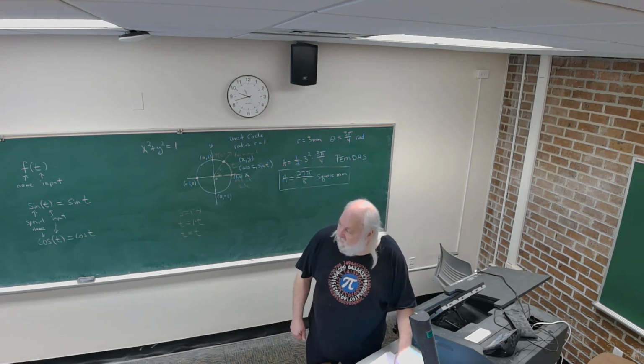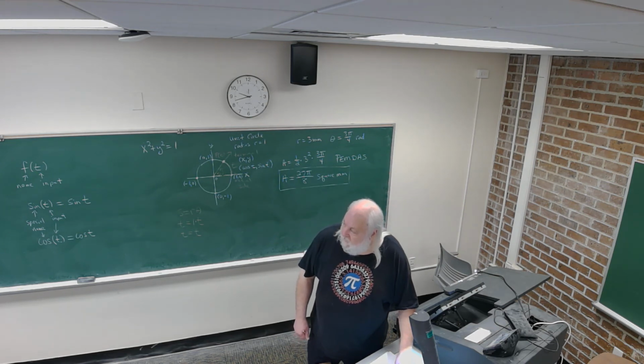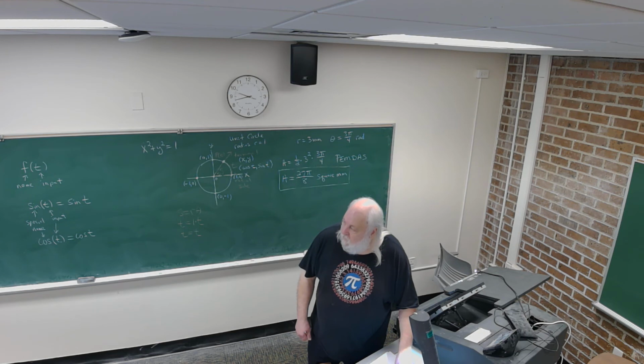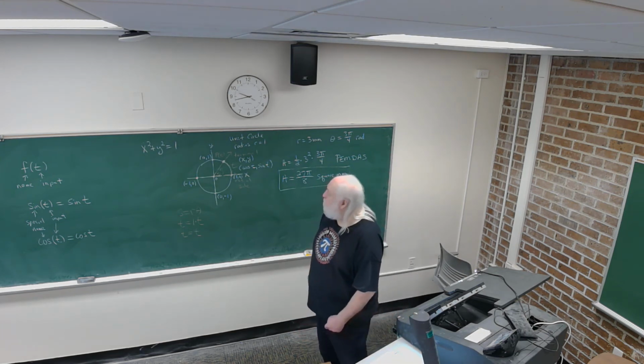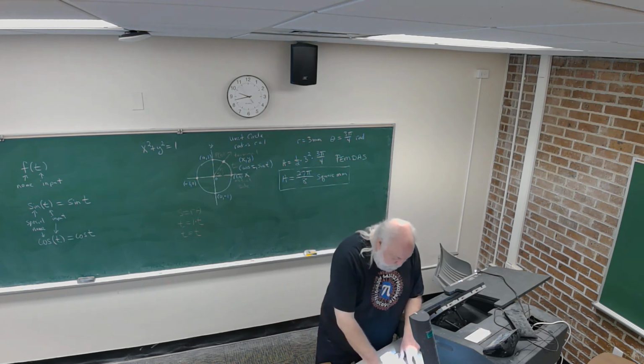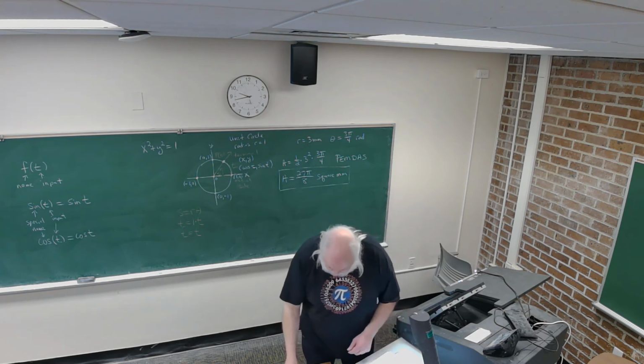So this is the cosine of the angle 8 quantity squared plus the sine of the angle 8 quantity squared is equal to 1. I just put the angle 8 radians in for t on the previous page. And it also works for degree measurement. The cosine of 27 degrees squared plus the sine of 27 degrees squared is equal to 1. Any questions on that?